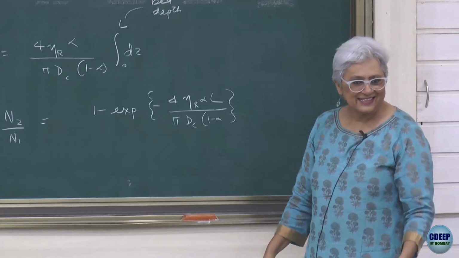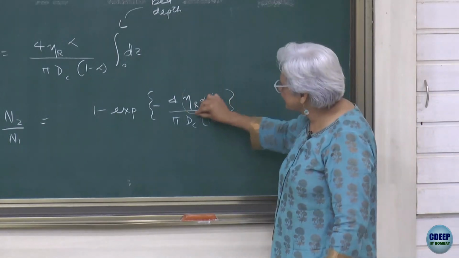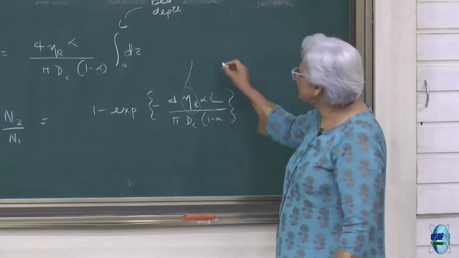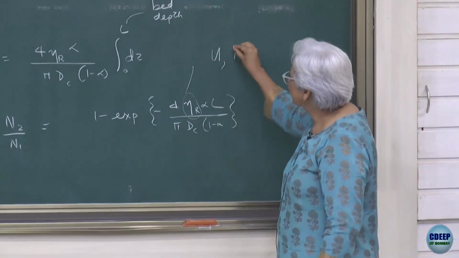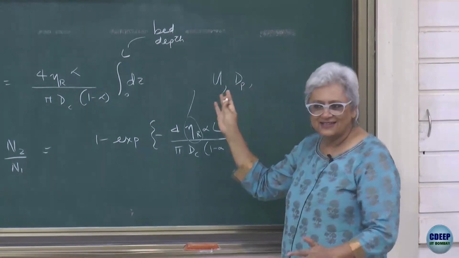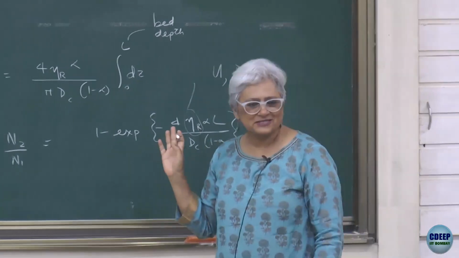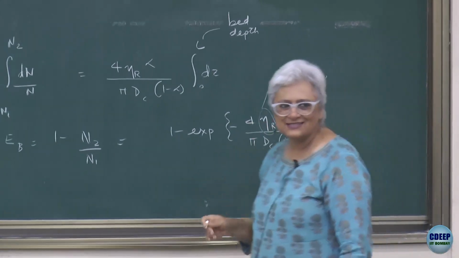Yes, it's all embedded inside this eta. So, everything including U, dp and various other fluid related properties, they are all embedded inside the eta, right.